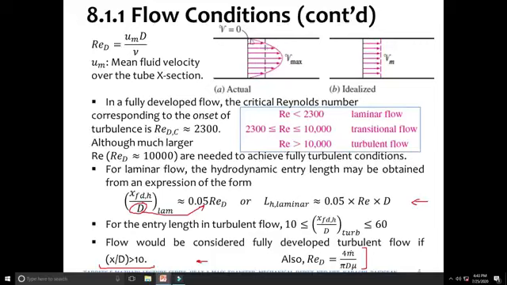Since it would vary not from 0 to T max, rather from approximately Ts to T infinity at the center line, we may take the mean of all those temperatures or temperature differences, and then call it Tm.